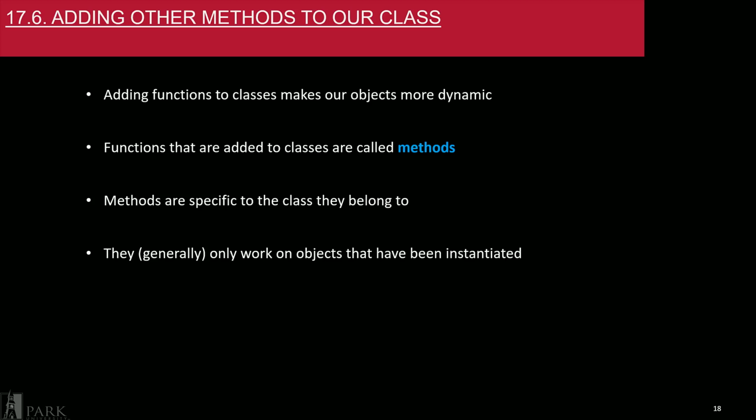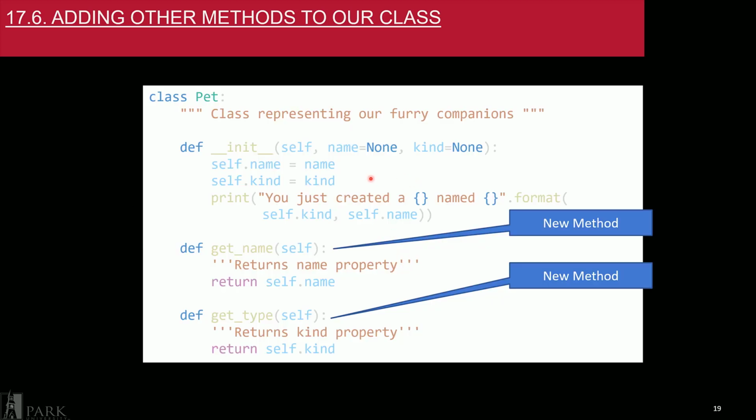So let's take a look at how we add new methods to our objects or to our classes to make the classes much more dynamic. Here you can see with our pet class, we've added two new methods called getName and getType. These are special methods that are known as getters or accessors.